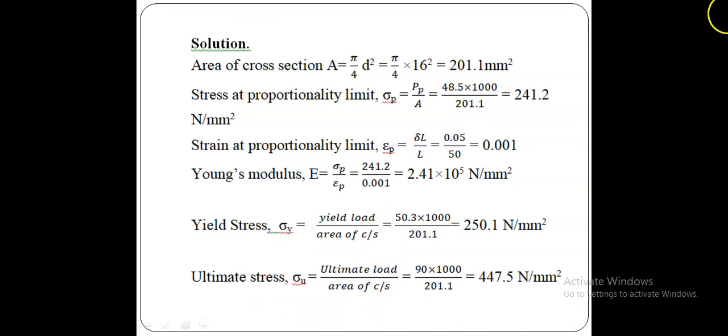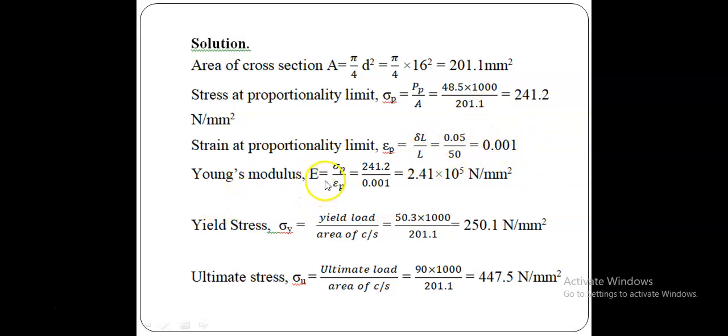First let us find the cross section area of the bar, then stress at proportional limit. We know the load at proportional limit divided by the actual or initial area of the bar. We obtain 241.2 Newton per mm squared. Strain at proportional limit: we know the change in length, that is the deformation, at proportional limit, and we know the original length of the bar, and therefore we get the strain at the proportionality limit.